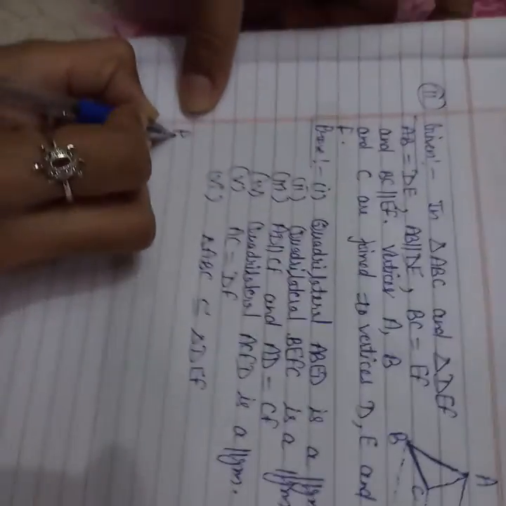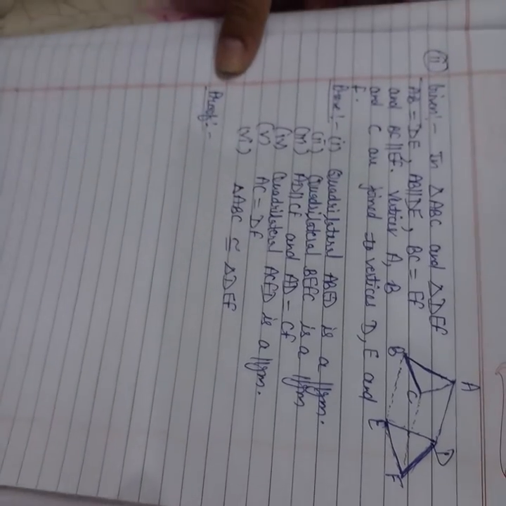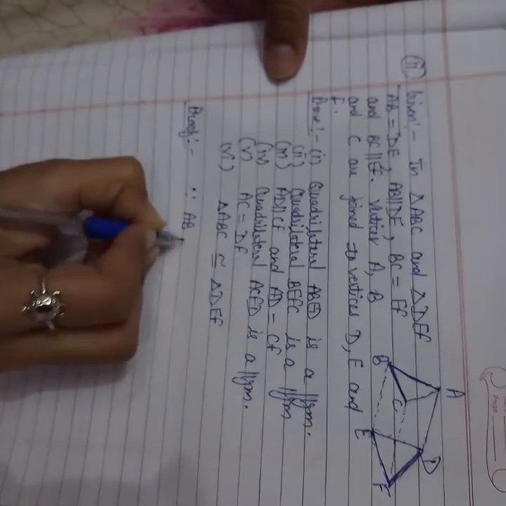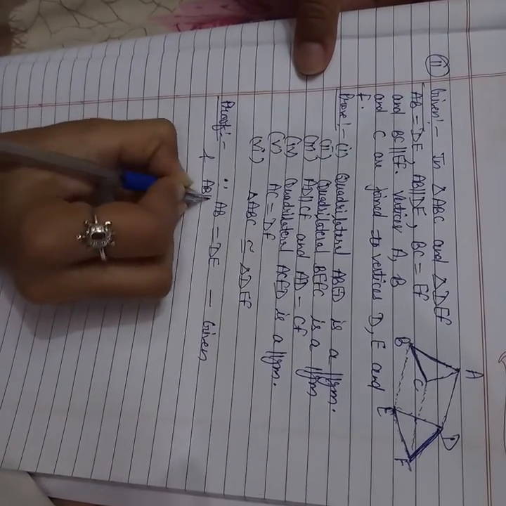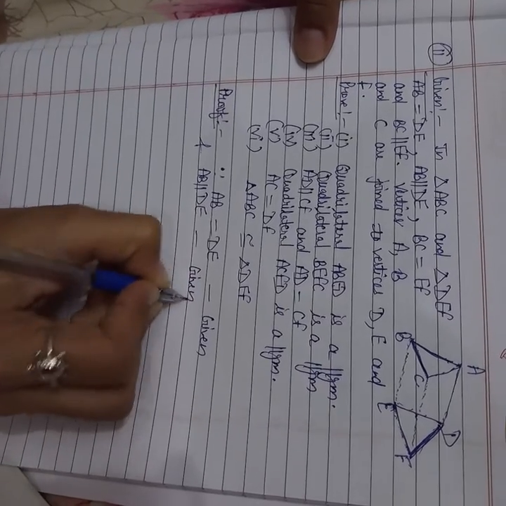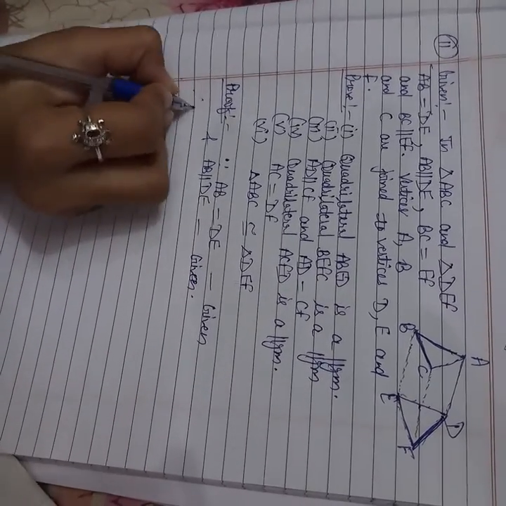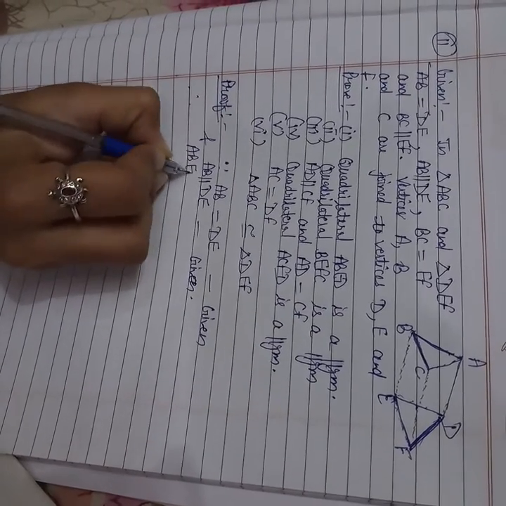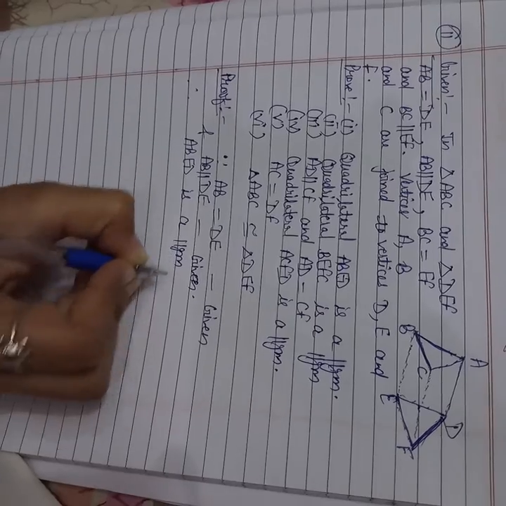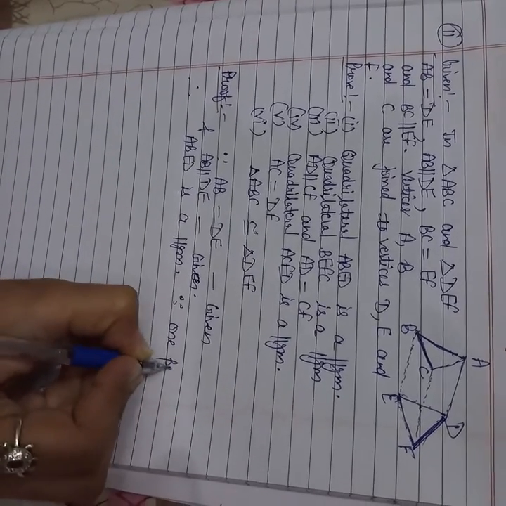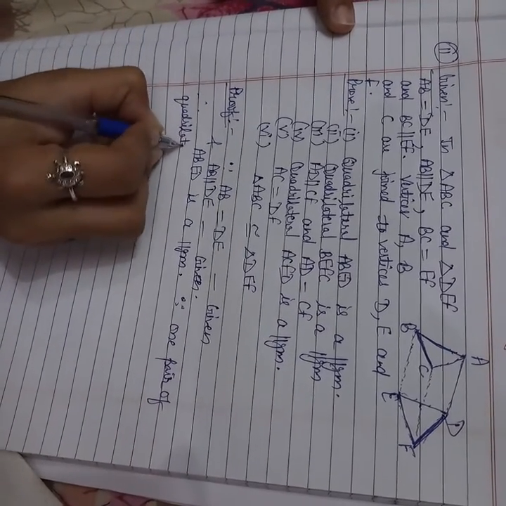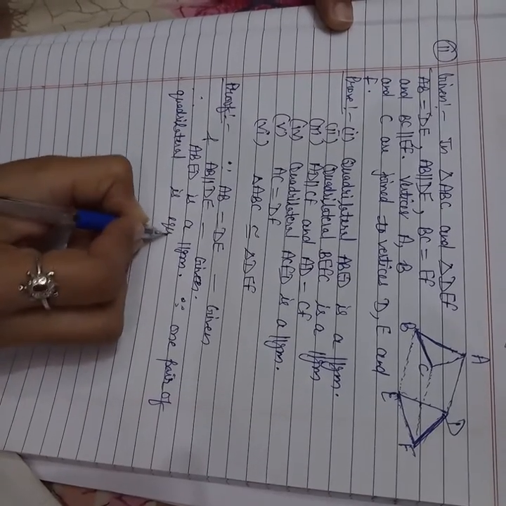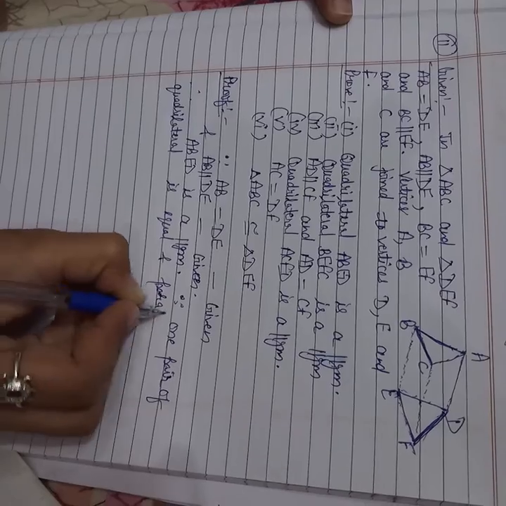Now in proof, because AB equals to DE is given and AB parallel to DE is given, therefore ABED is a parallelogram because one pair of opposite sides of the quadrilateral is equal and parallel.